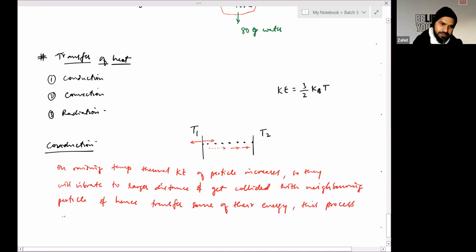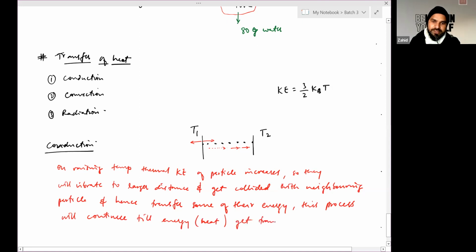This process will continue till energy or heat gets transferred from one end to the other.